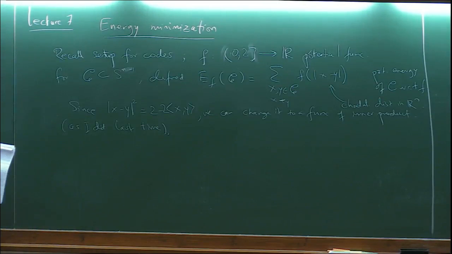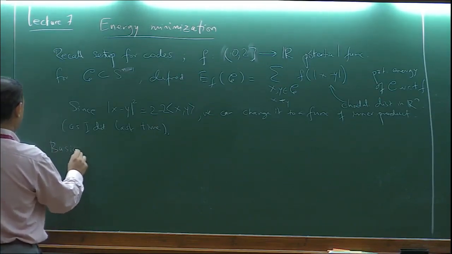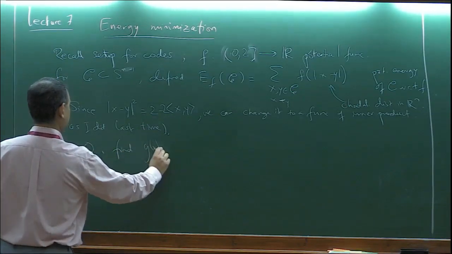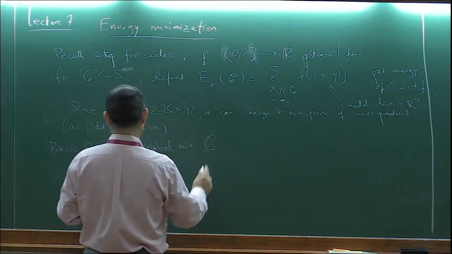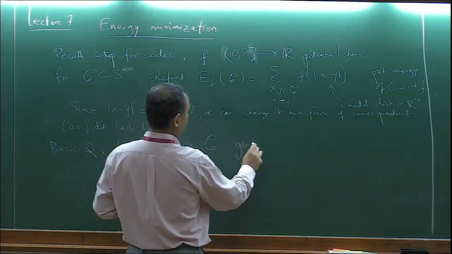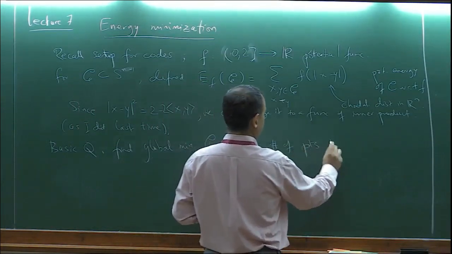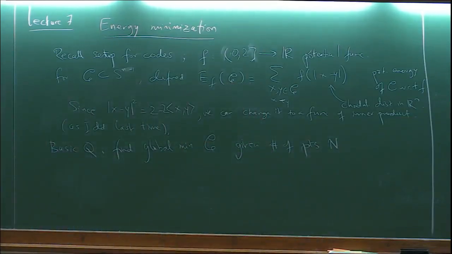Okay, so the basic question is the following: find the global minimum. Find the C that globally minimizes the potential energy, subject to the constraint that C has size n.